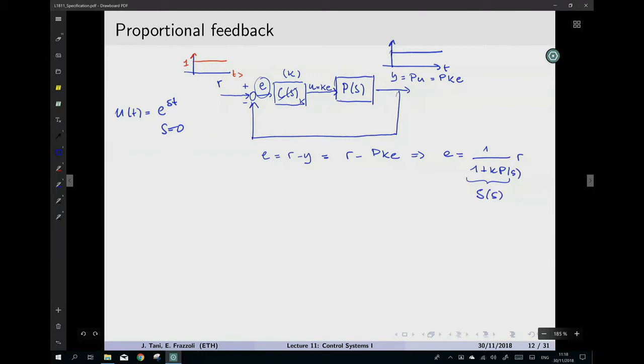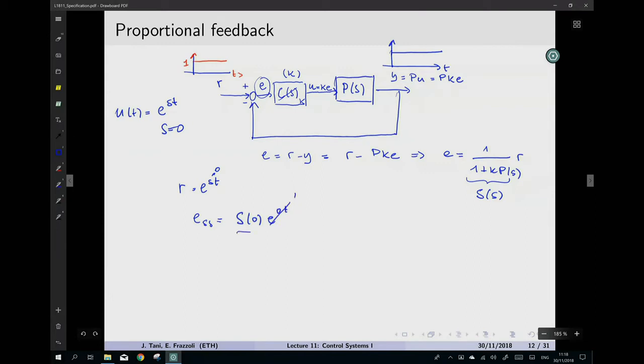So if we have R equal to e to the st with s equal to 0, then E at steady state is going to be equal to S of 0 times e to the 0t, correct? Which is an ugly way of saying 1.